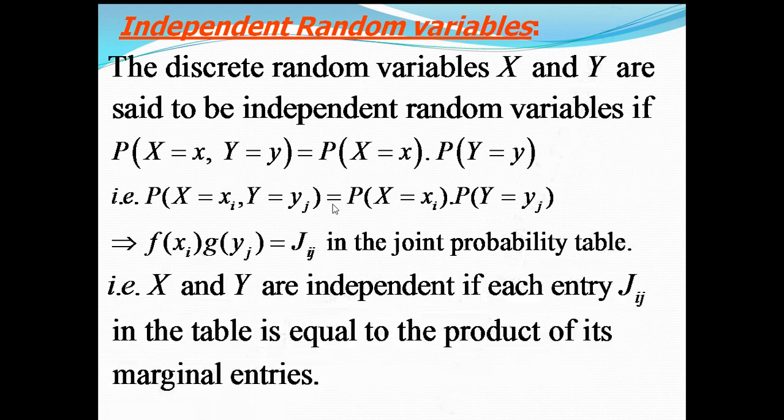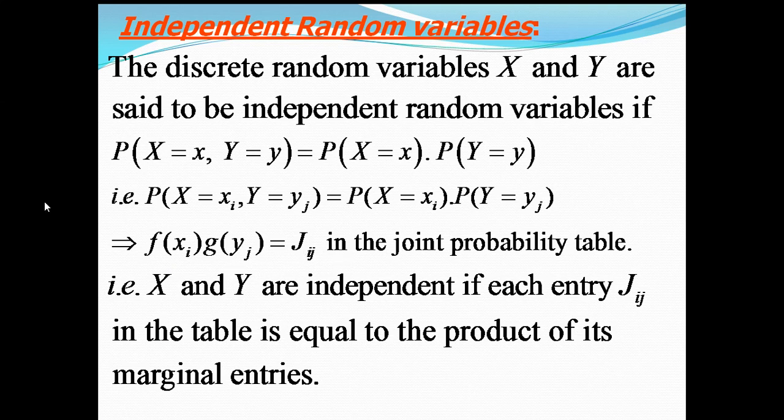We already know that we are representing the joint probability in terms of f(x, y), and here P(X = xi) is nothing but f(xi), P(Y = yj) is nothing but g(yj), and that is equal to fij.